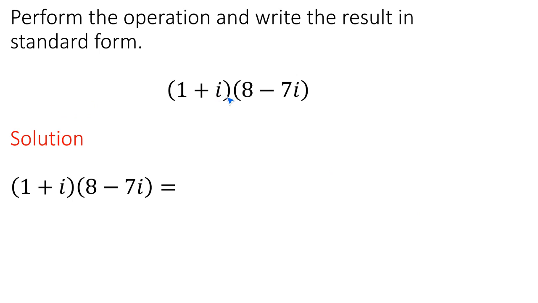So for this one, they're asking us to multiply. So we just multiply the same way that we are used to multiplying two parentheses. So 1 times 8 is 8. 1 times negative 7i is negative 7i. i times 8 is 8i. And i times negative 7i is negative 7i squared.